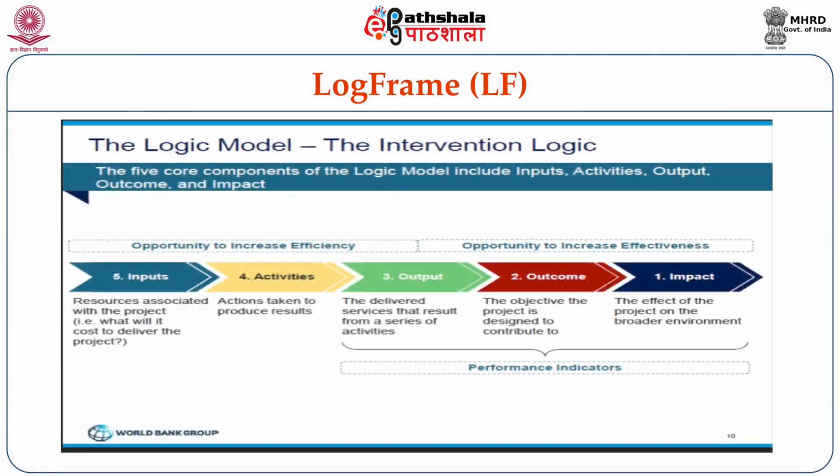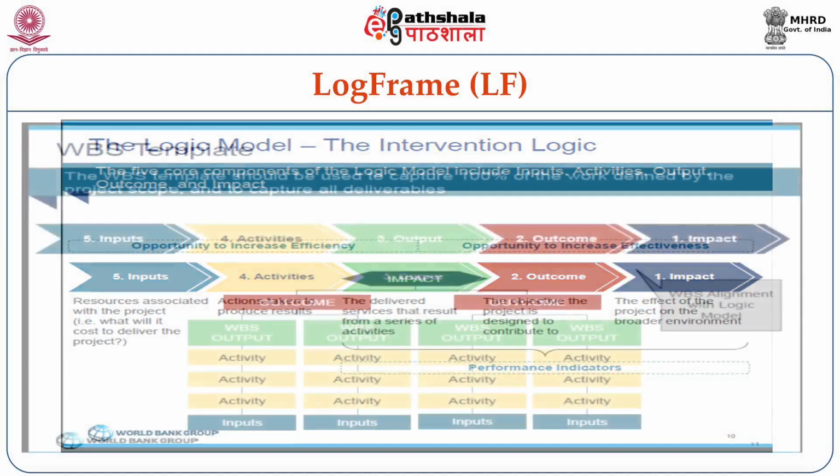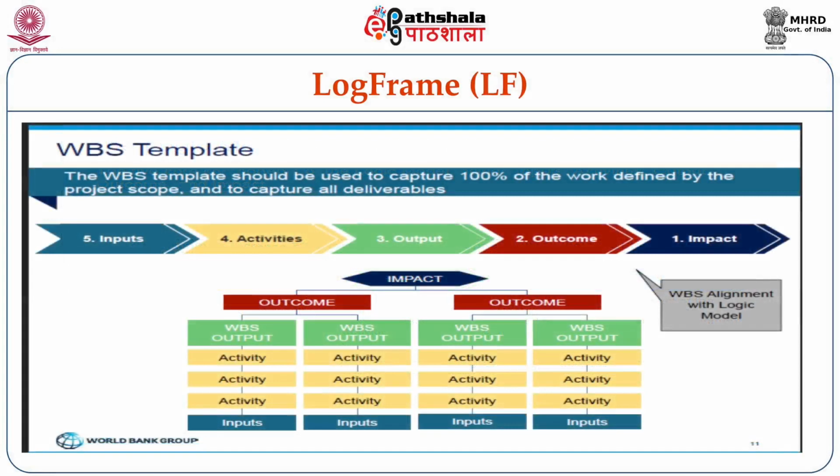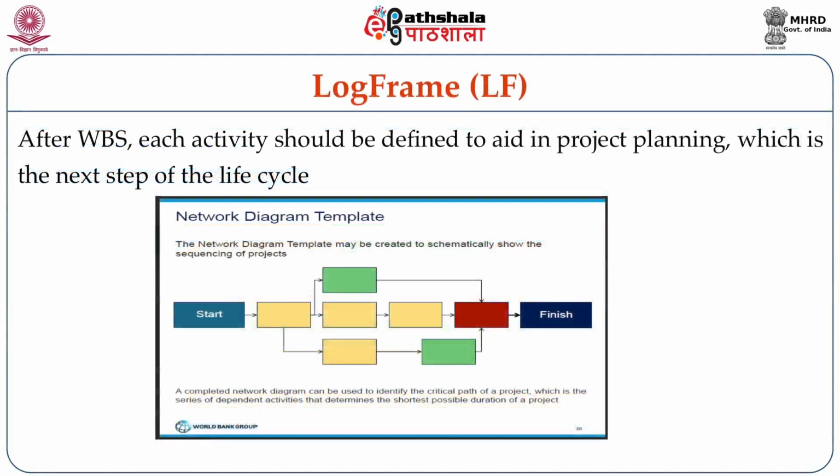After WBS, each activity should be defined to aid in project planning, which is the next step of the life cycle. So you are looking at start to finish, each one adding to the next. After activity sequencing, a network diagram is generated which shows project sequencing and interdependence.